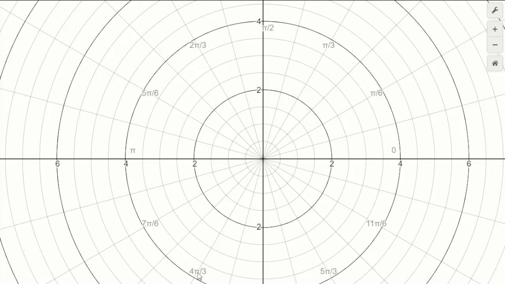Now if it was a positive 5, then the point would be right here. But in our problem, it's actually negative 5. From where the terminal side of the angle 4 pi over 3 is, in my experience it has always been best for me to look for the angle first. So I open up 4 pi over 3 in a positive rotation, and then because it's negative 5, the point is actually down back this way, somewhere there.